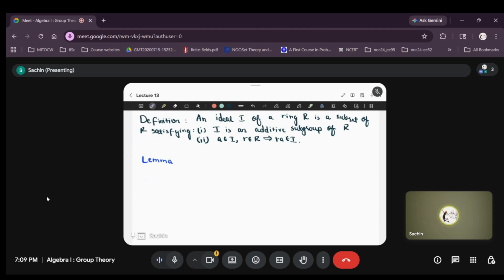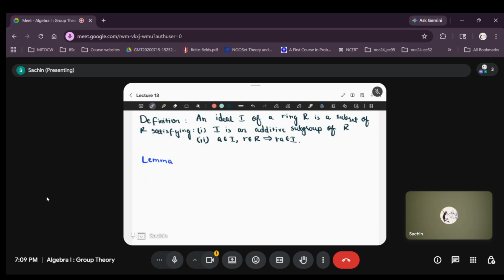So each integer is mapped to the equivalence class containing that integer under modulo n. There the kernel was the set of all multiples of n, those are the integers that go to 0 under the modulo n operation. And we know that every kernel of a homomorphism is an ideal. So each set of the form nZ is an ideal of the set of integers. We saw that.